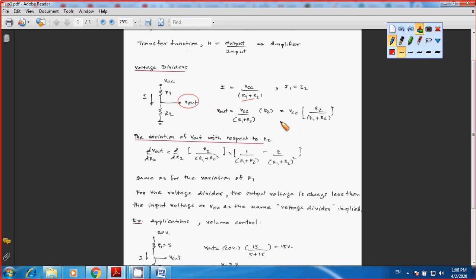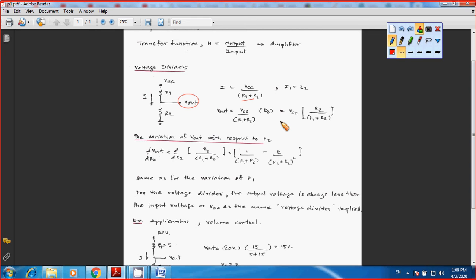Now you can analyze the equation. In the case if you want to see how much your output voltage changes when your component changes or varies.